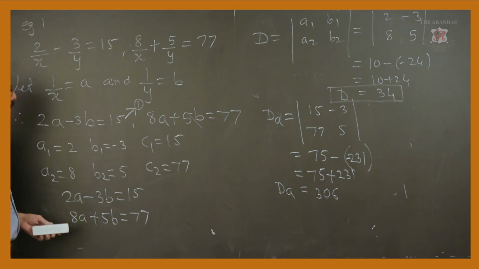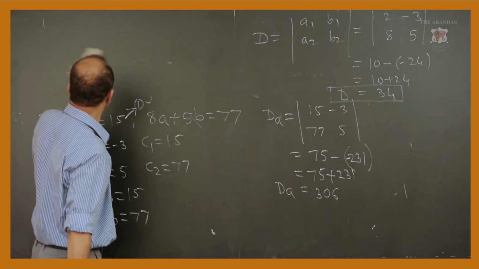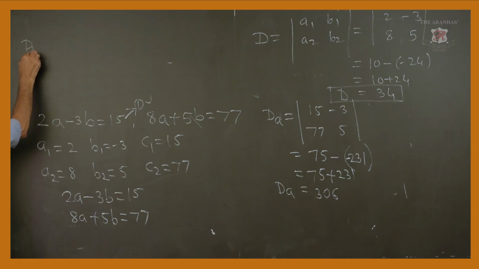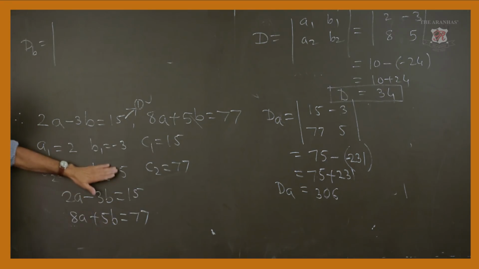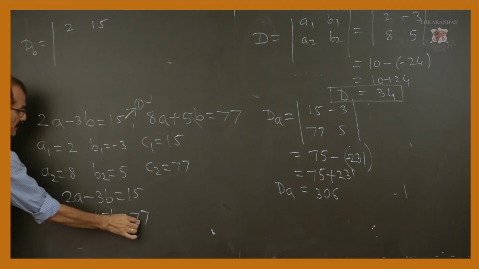Now you will find the value of dB. To find the value of dB, you have to drop the B variable. So you get 2, 15, 8, 77.